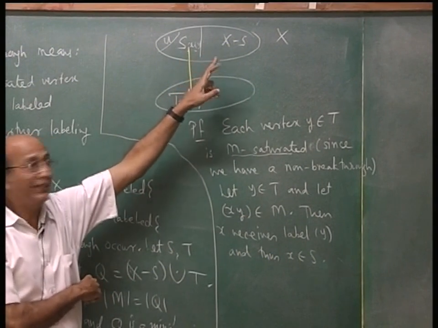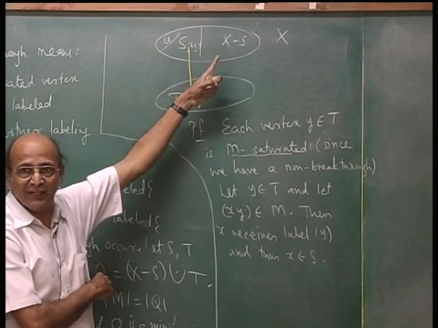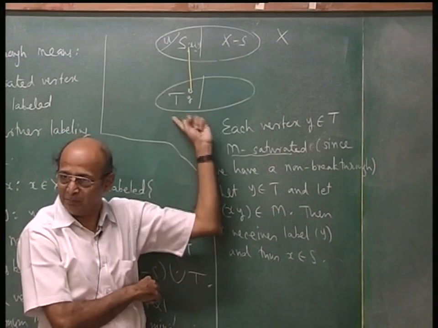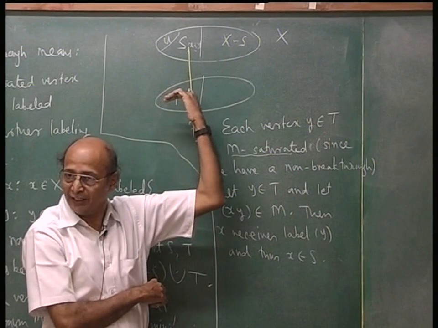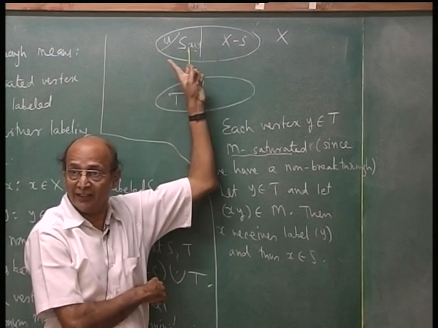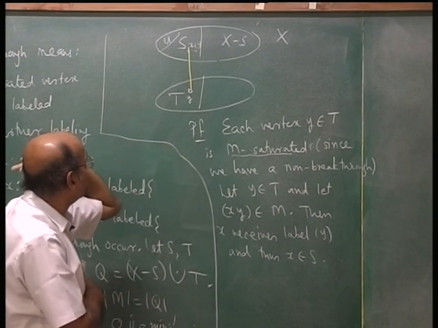If it was, it cannot remain unlabeled. It must be labeled by Y and it would get into S, which is a contradiction.